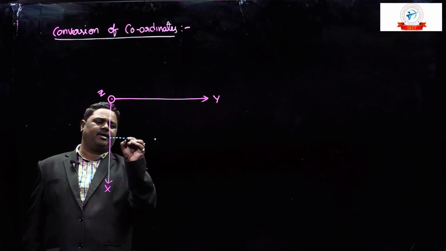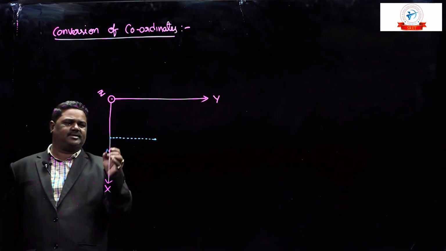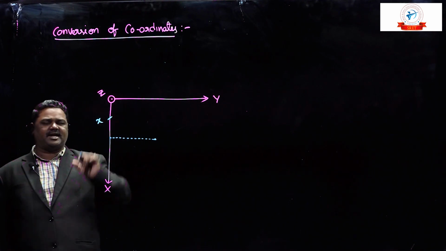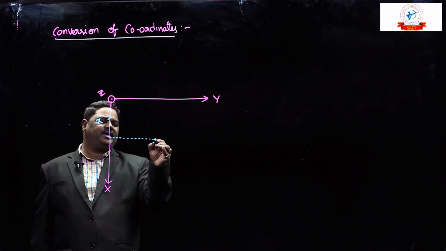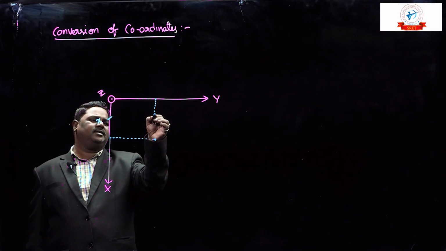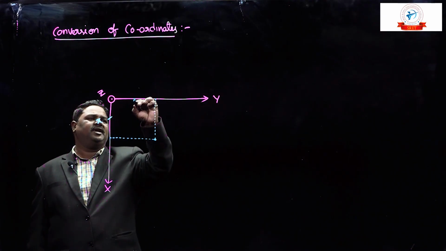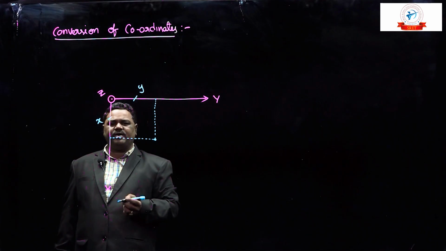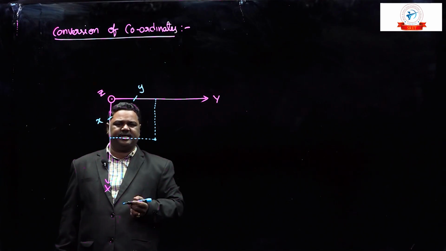If you are representing this point with a Cartesian coordinate system, this is the length made on the x axis, which is nothing but the x coordinate. Similarly, it makes some length along the y axis, which is nothing but the y coordinate. And the z coordinate is the same in Cartesian and also in cylindrical.